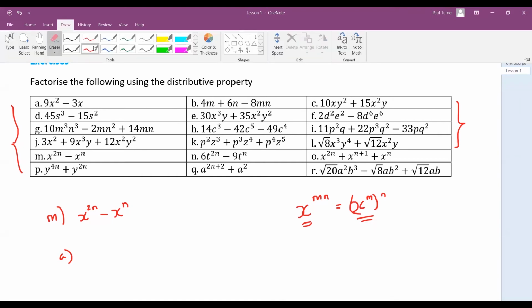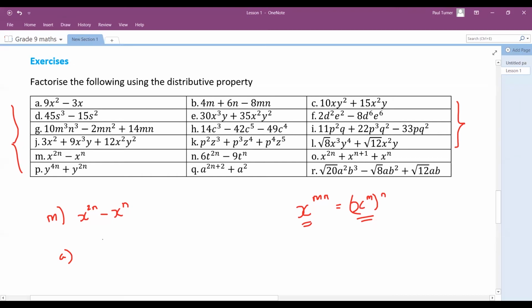Question A. So you've got 9x squared minus 3x. Think about your common factor. You've got a 9, which is 3 times 3, times x times x. You don't have to do all this working. If you're quick at this, you can just do it in your head, and 3x.